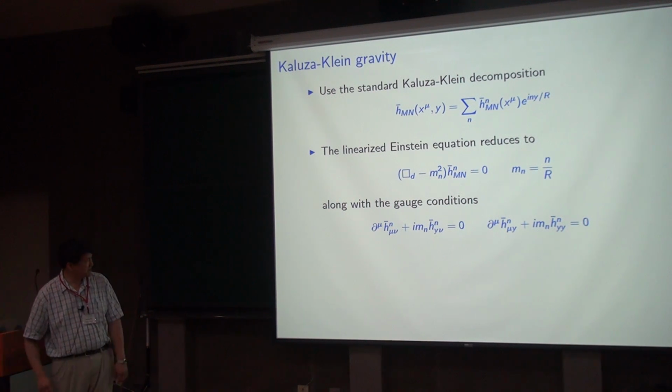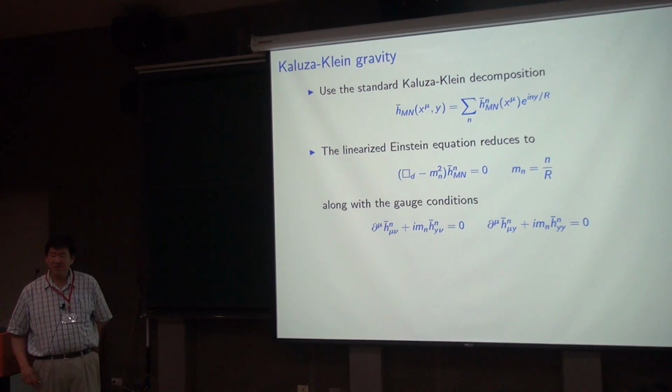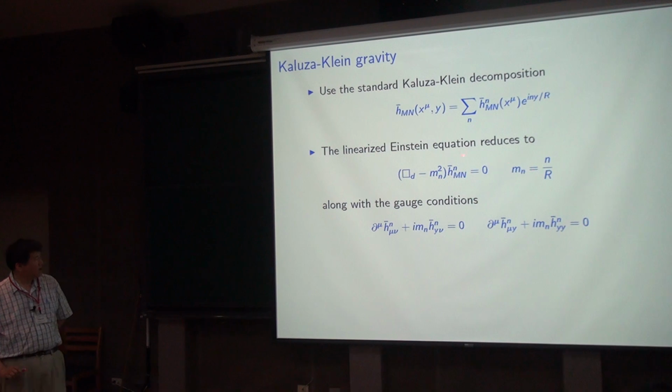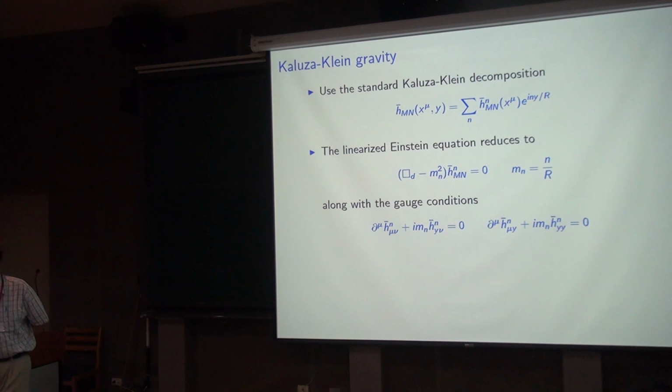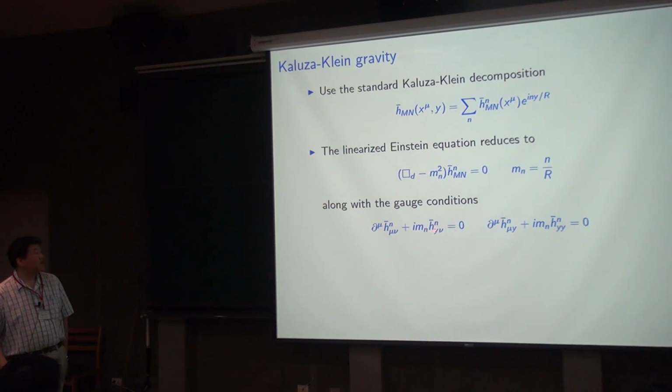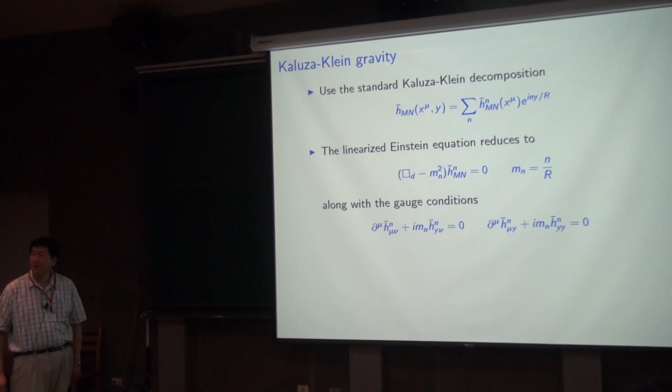I did a further decomposition just to really bring things into the 4-dimensional point of view, where I have a 4-dimensional index nu over here, or a 5-dimensional index y. Now, this is interesting, because when I see these equations, this h_y nu enters without a derivative.